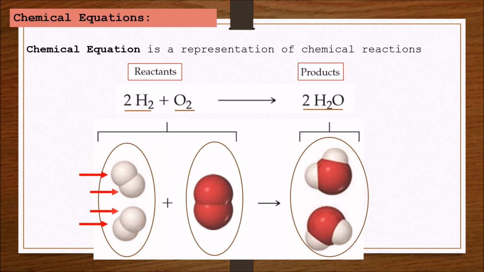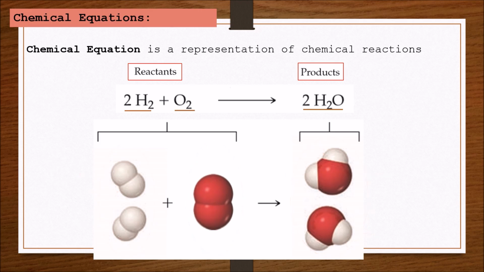Now, if you count the number of atoms in this example, you will notice that there are four atoms of hydrogen on both sides of the chemical equation, and there are also two atoms of oxygen on both the left and the right side of the equation.